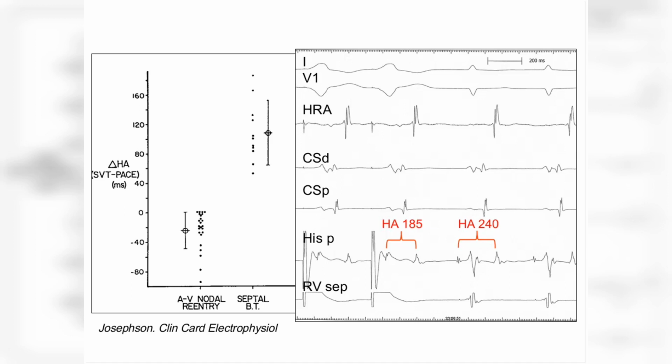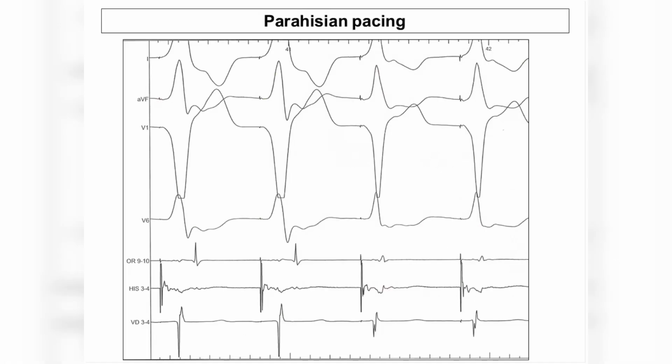All right, so let me now discuss with you Parahisian pacing. Parahisian pacing, as you know, is a maneuver where you pace through a catheter that is located exactly at the His bundle area. At that site, when you pace with a high output, you are usually able to capture the ventricle, but also the His bundle directly.